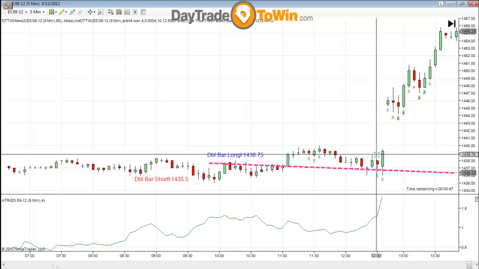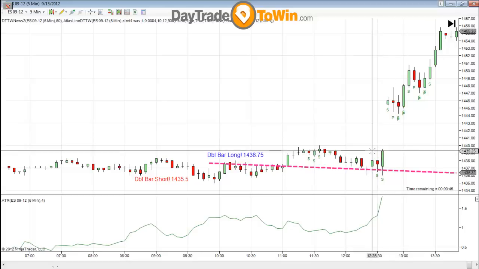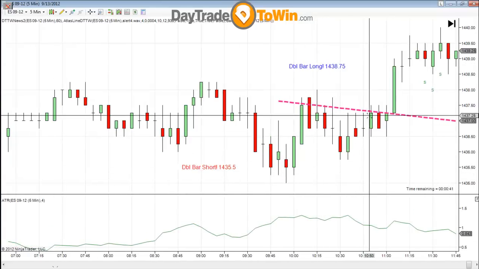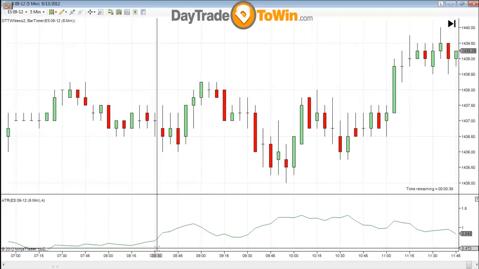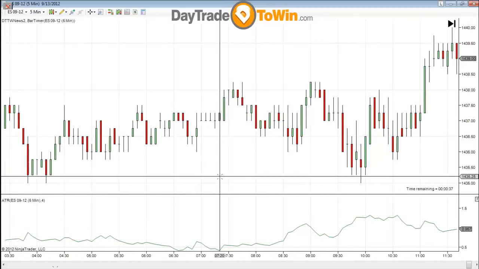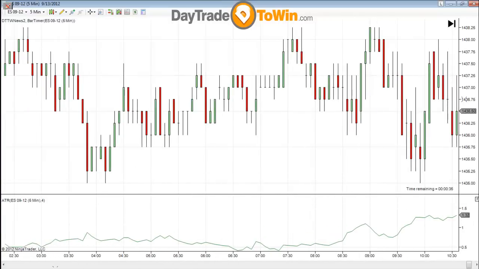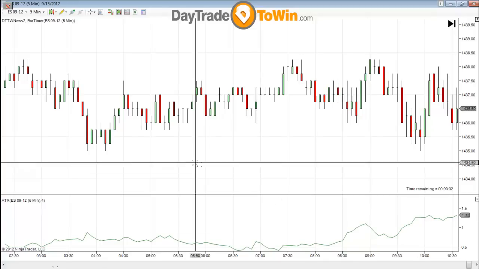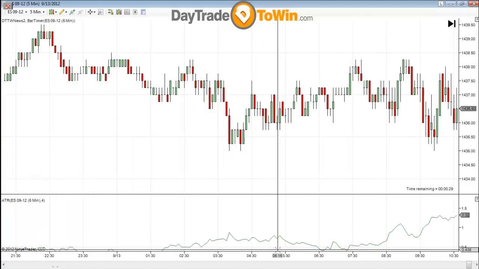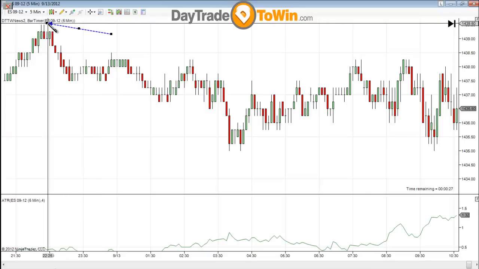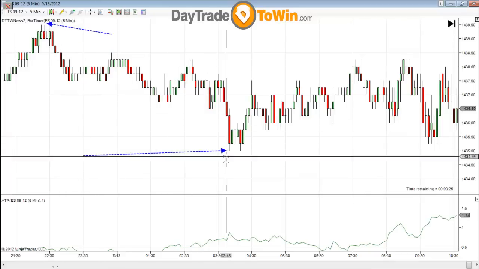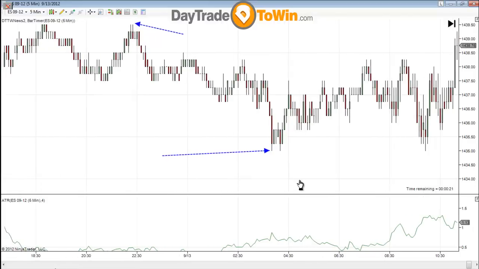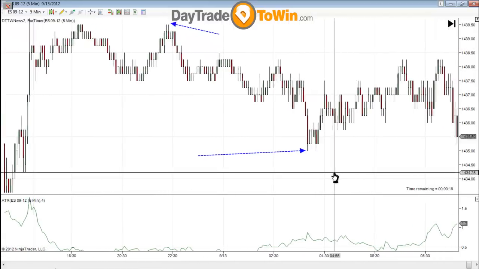So how do we handle that? The way that I handle that is that I take a look at what has just happened as far as when the market opens here at 9:30. I look at what kind of range we're in. And I look back just a little bit and I say, well, here's a swing high and here's a typical low. This is before the market opens, right?